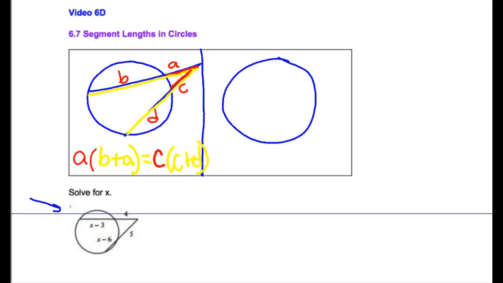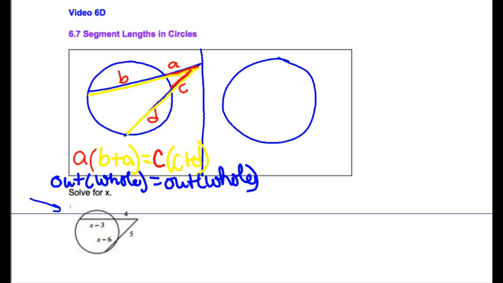The outside piece times the whole thing is equal to the outside piece times the whole thing. And again, if you prefer words, go ahead and write that, right? Outside times the whole thing has to equal outside times the whole thing. If you prefer that, I mean, the variables are only there to help you out, so if they don't, replace it with words.